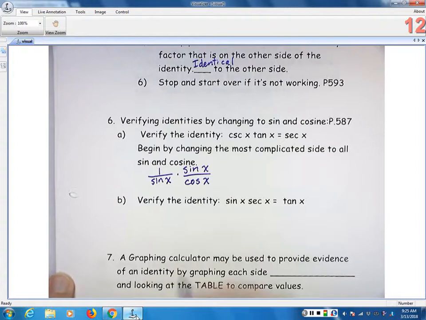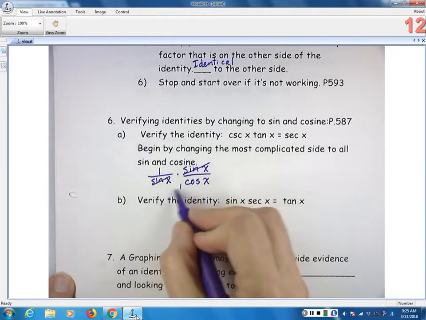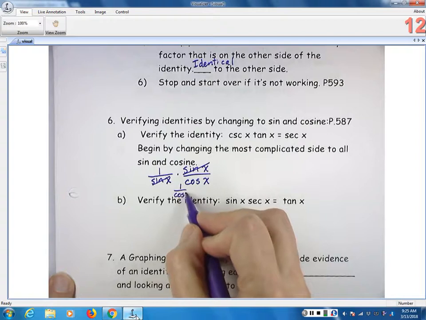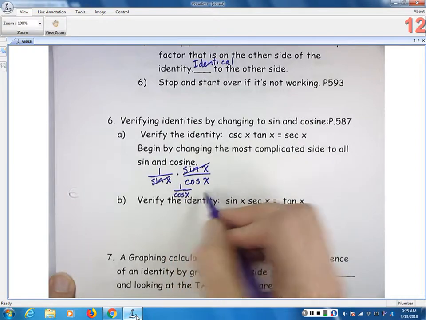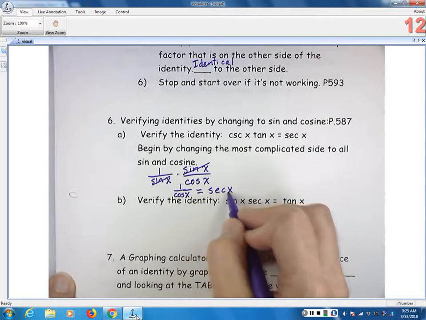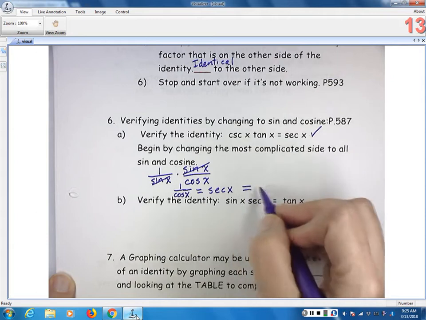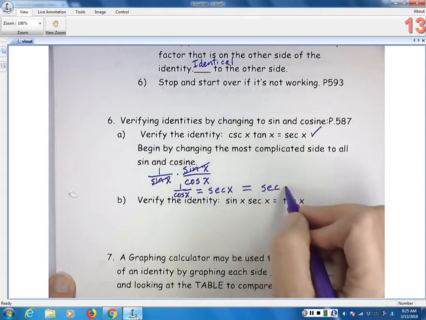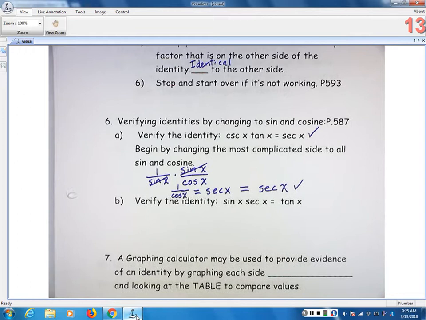Then we cancel, and we get 1 over cosine x, and that equals secant x. I ran out of room. And so that equals the right side. We've just verified that identity. So we're making new identities.